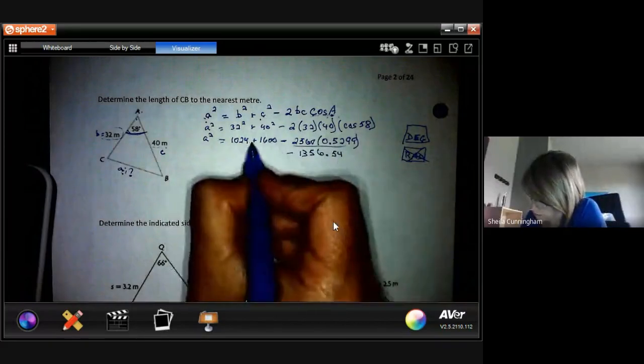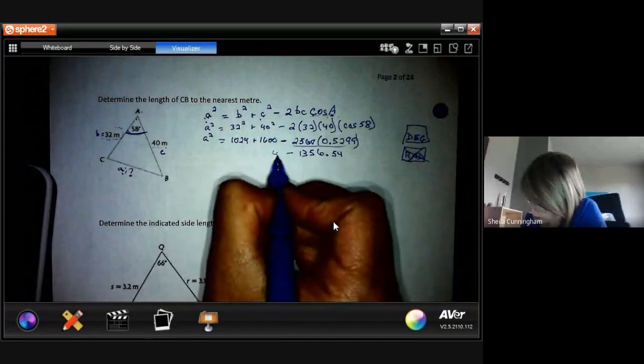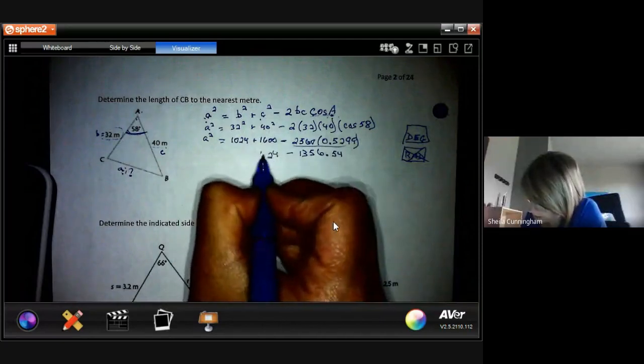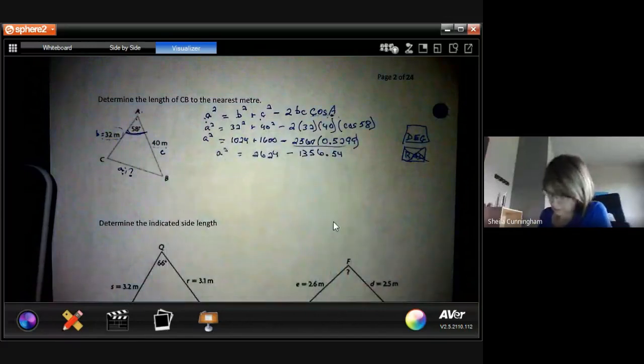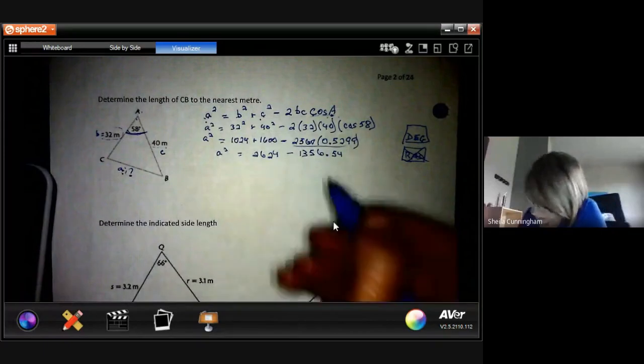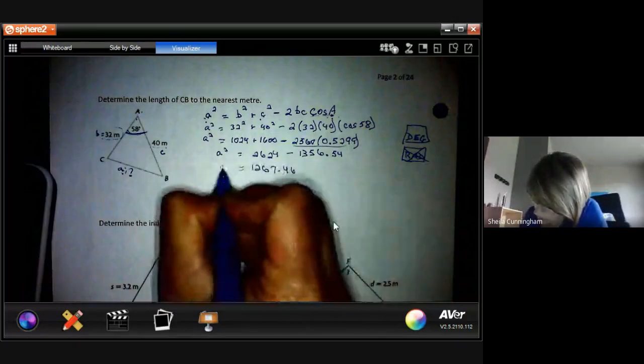I've got 1,024 plus 1,600, and then I'm going to subtract those two, and that's going to give me 1267.46, and that equals a squared.